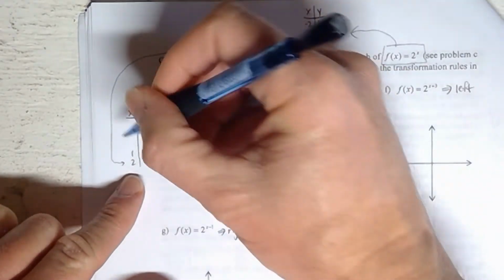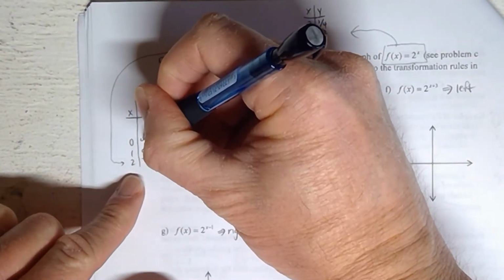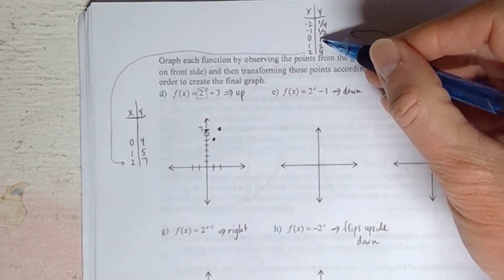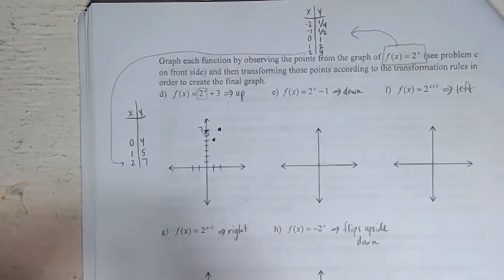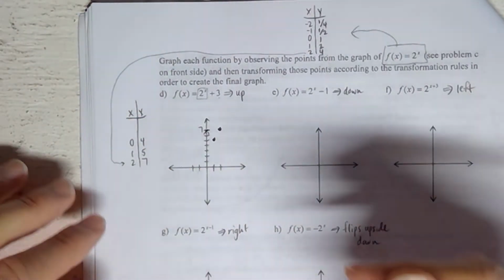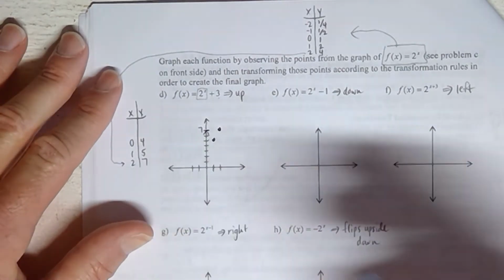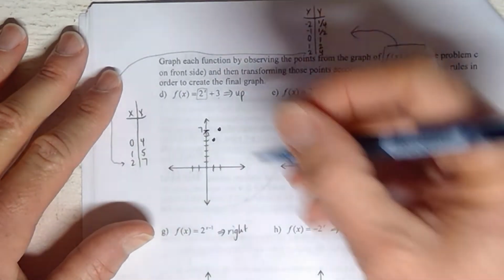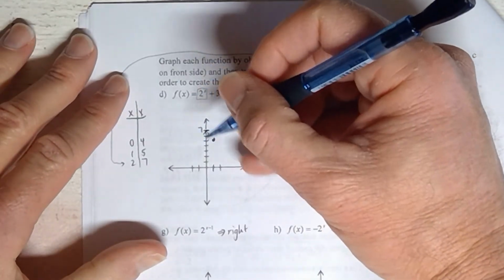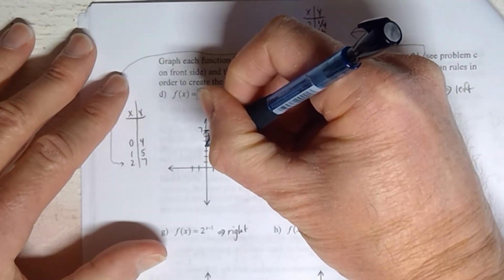How about (0, 1)? (0, 1) becomes (0, 4). Again, the y increases. The x doesn't change because you're going straight up. Anytime you go straight up on a graph, y's are increasing and the x's aren't doing anything. The number for x is going to stay the same. So that point is right there.